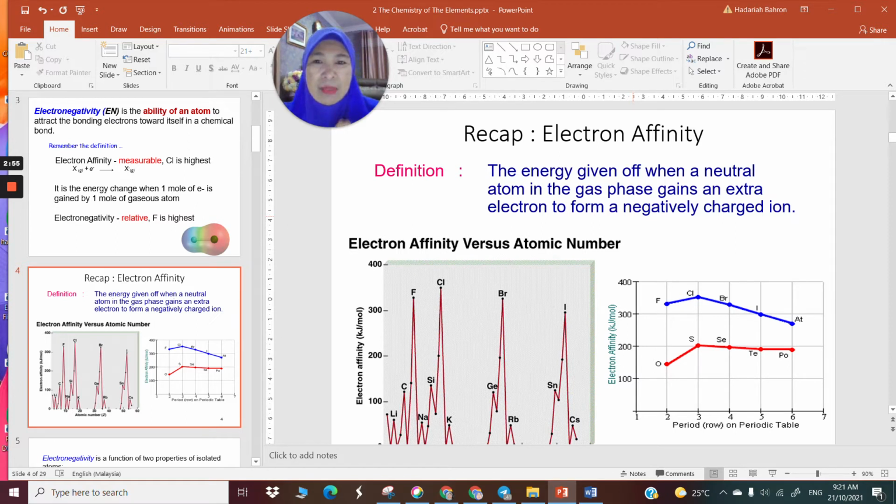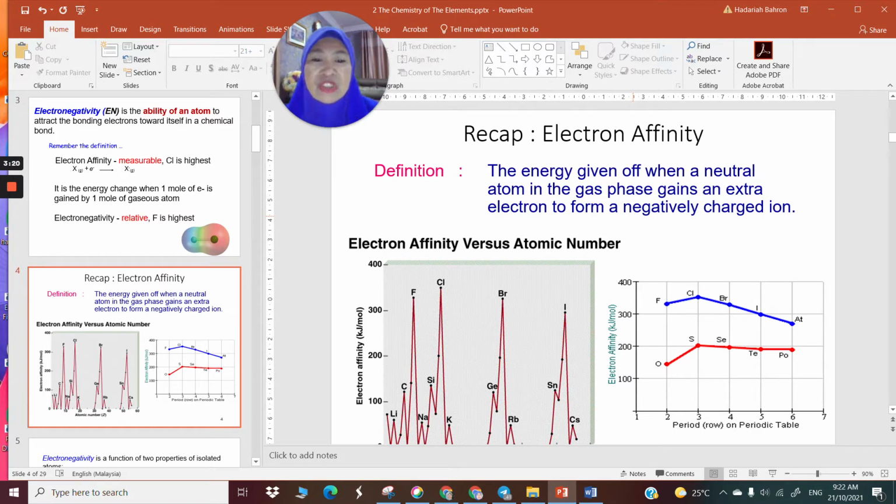Now, you must remember that to make electrons leave an atom, you have to provide energy. But when that electron is received by an atom, the opposite occurs. That means if removing electrons requires energy, receiving electrons will release energy from that atom.